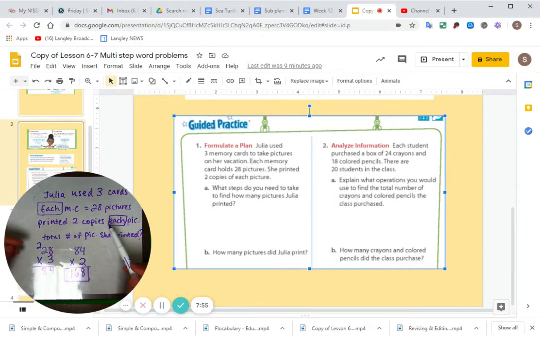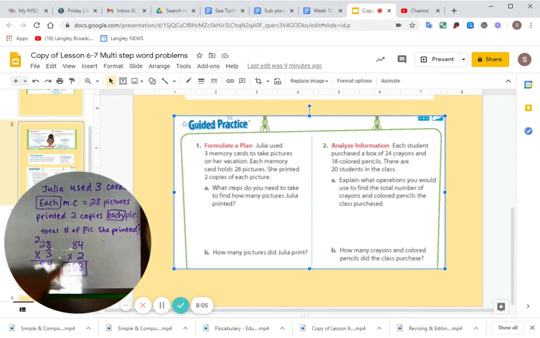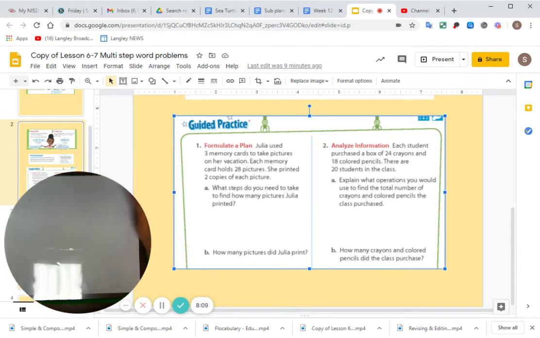Rather than having to reread that whole problem over and over again, okay? I can glance at this and this is more or less what I need, okay? So the answer for problem number 1 was 168 pictures. That's how many she printed. Okay, so let's move on to question 2.